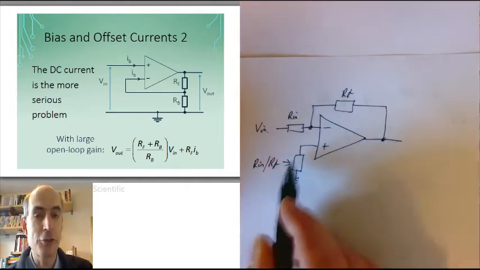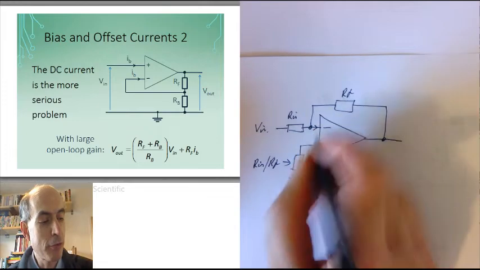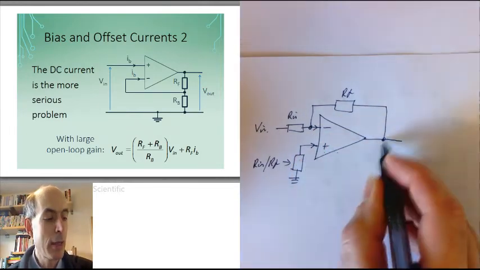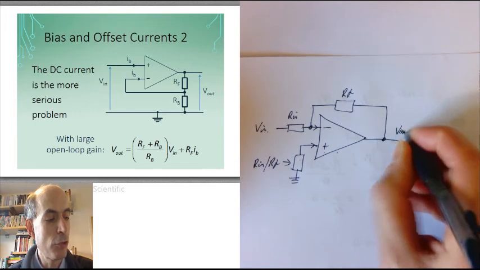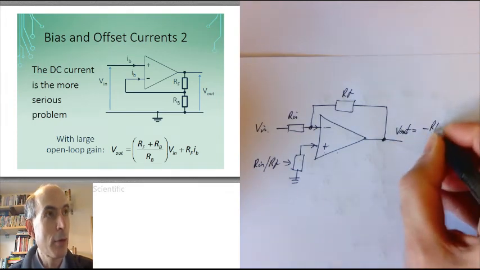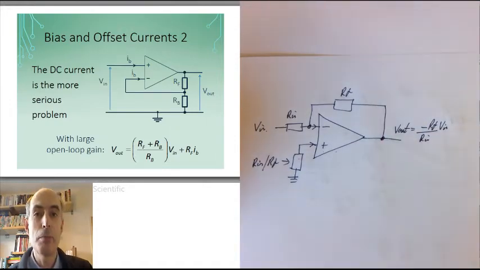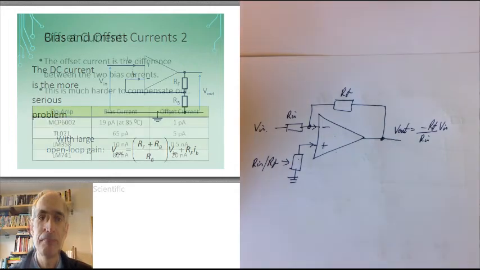And if you put that resistor there, you'll find that the effects of the input bias currents into the op-amp cancel out, and the output is just equal to minus RF over Rin times Vin, as it would be for a perfect op-amp with no input currents.